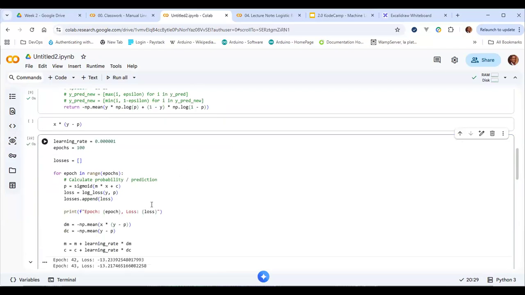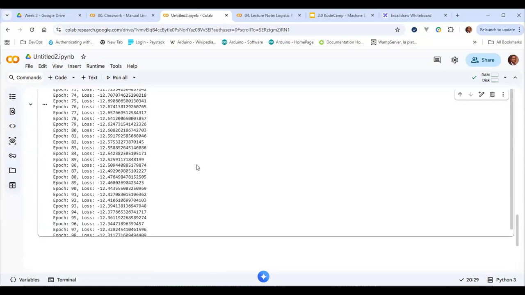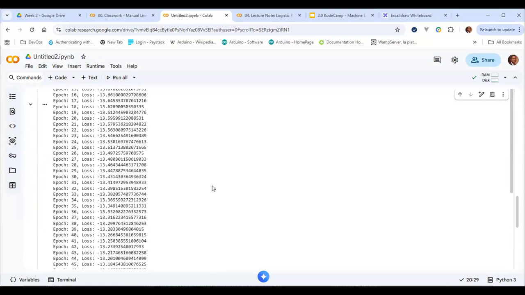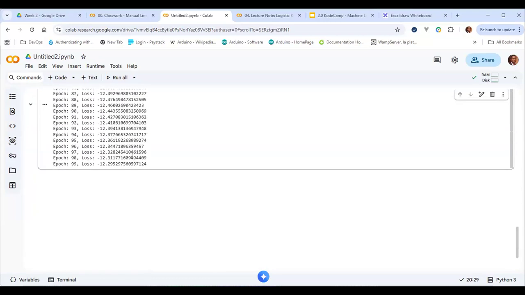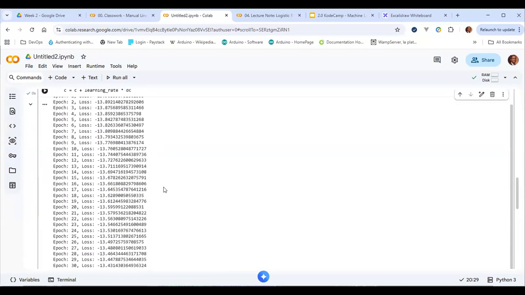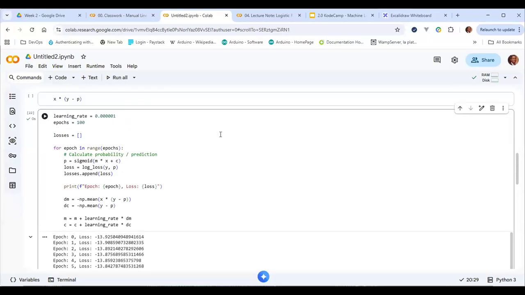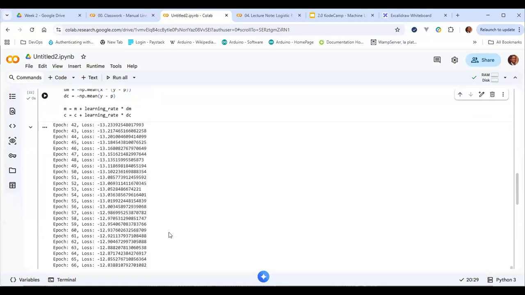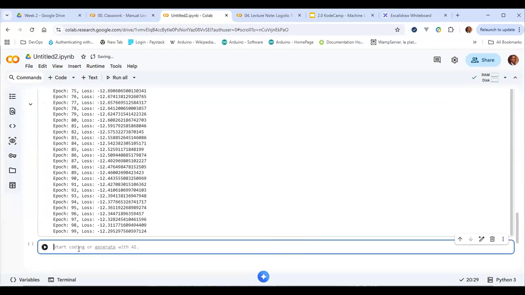So anyway, at this point it's stabilizing somewhat, and we can draw the line and decision boundary for it. So this is very basic, primitive. Typically, you will not do this, right?